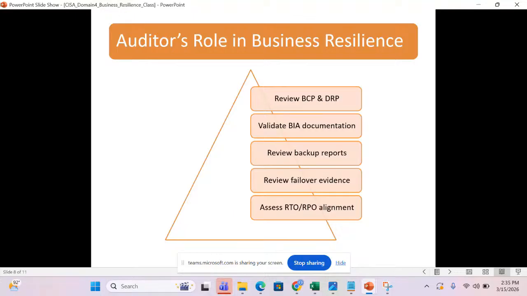Another role you have as an IT auditor in business resilience is to review failover evidence. I mentioned that you are supposed to carry out disaster recovery testing and a failover simulation, where you tell your staff to switch over to Server 2. You need to document all of those activities.